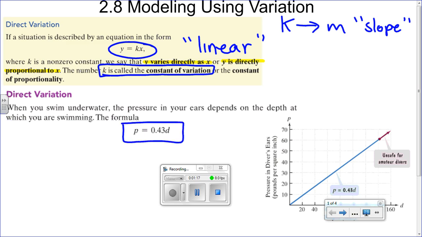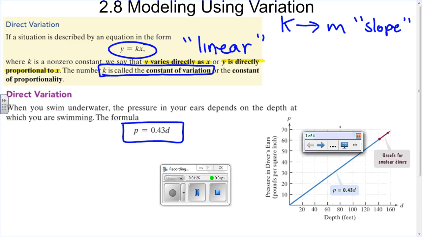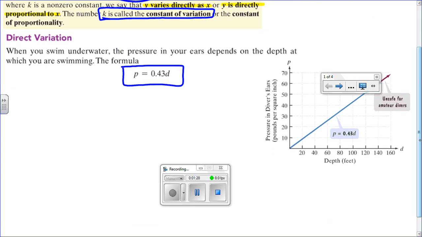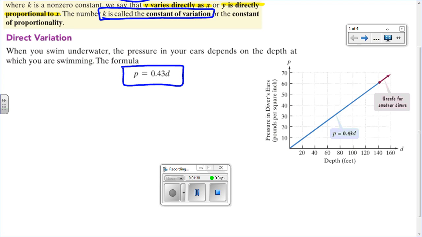And that talks about the pressure in your ears depending on the depth at which you are swimming. So you can see the graph here.